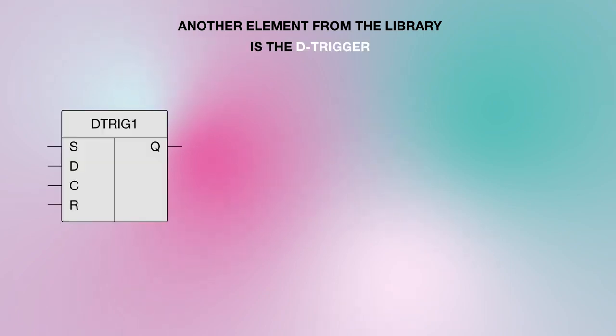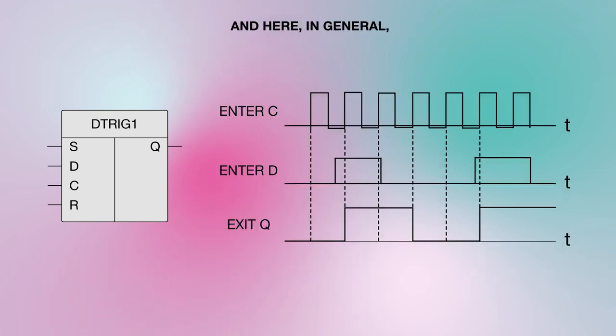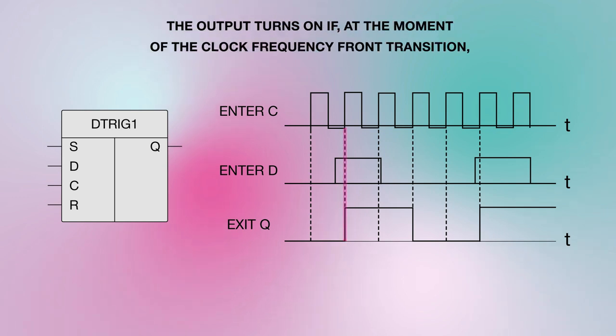Another element from the library is the D trigger. It allows synchronization of pulses at the D input with the clock frequency at the C input. And here, in general, everything is quite simple. The output turns on if, at the moment of the clock frequency transition, the input was on.